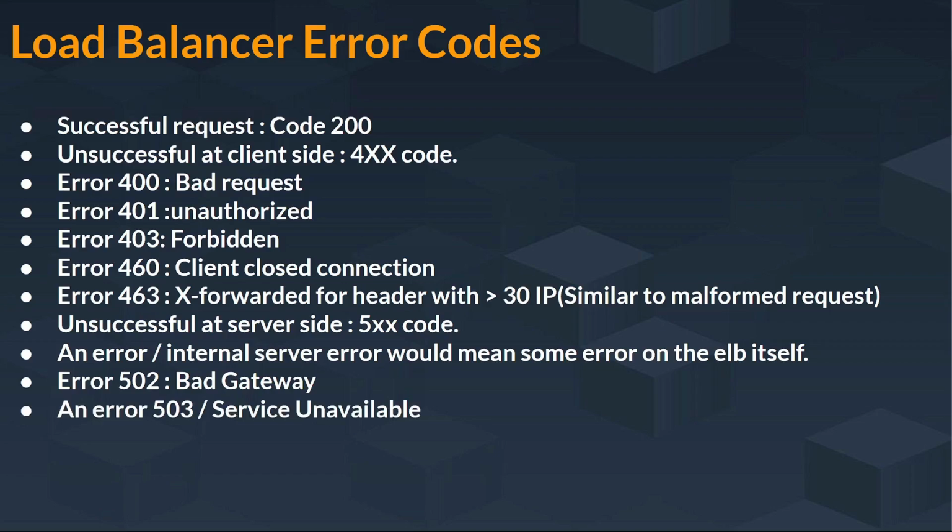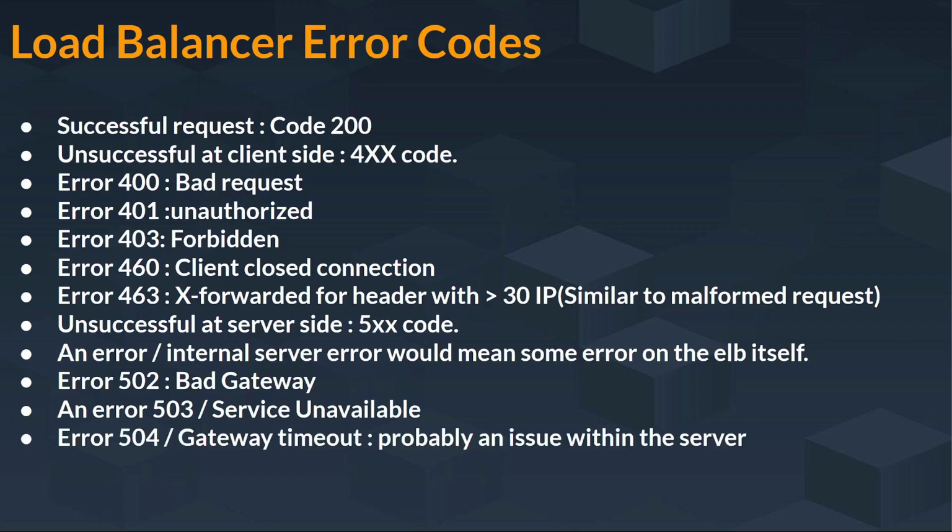If the service is unavailable, we generally get an error 503. The X after the 5 is the numbers 00, 02, 03, whatever it is. 504 is for gateway timeout, probably an issue within the server, and 561 is unauthorized. So that is how you will get your errors.